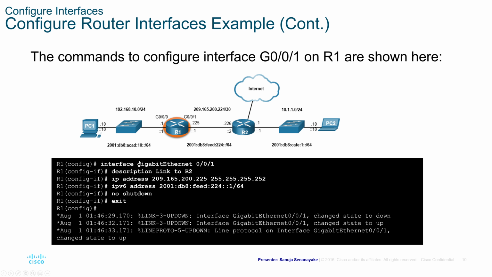You need to make sure that you give this information correctly, and once you do the no shutdown, just like previously, you'll get some messages from your Cisco router showing that the state of port G0/1 has changed from down to up, and it's ready to go.